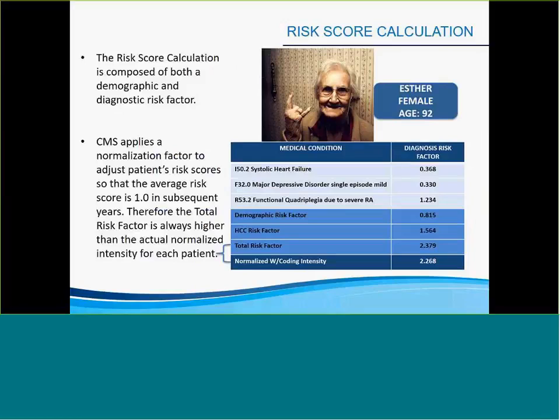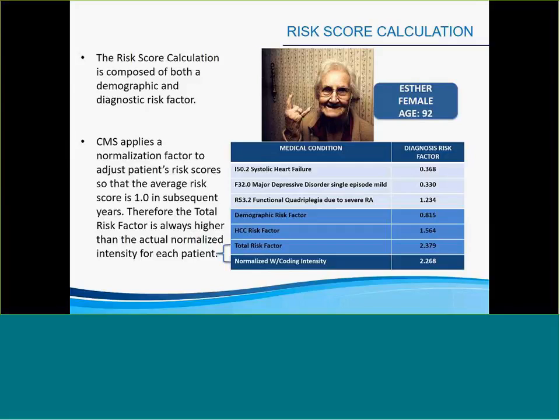Here's an example. This is Esther, and I love looking at this picture every time, and you can imagine why. And look at her RAF score. On the bottom, you see a demographic risk factor of 0.815, just for breathing, that will give us a RAF of 0.815.